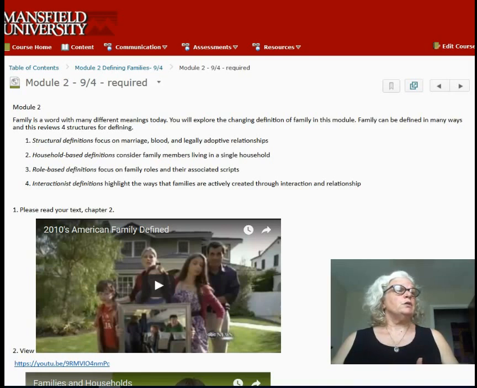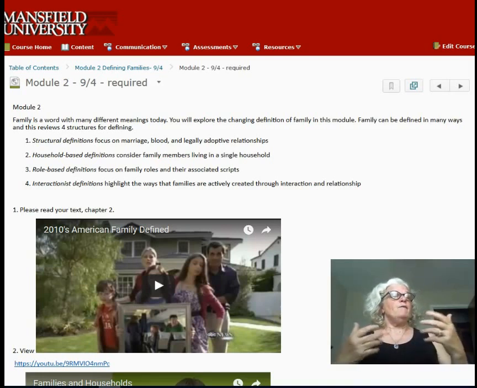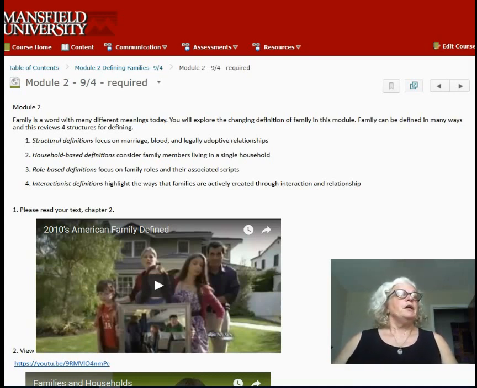They include the structural definition focused on marriage, blood, and legal adoptive relationships; household-based definitions; role-based definitions as far as how we interact; and then the interactionist definition that highlights the way families are actively created through interactions and relationships. Thinking about that drives the whole discussion for this particular module.